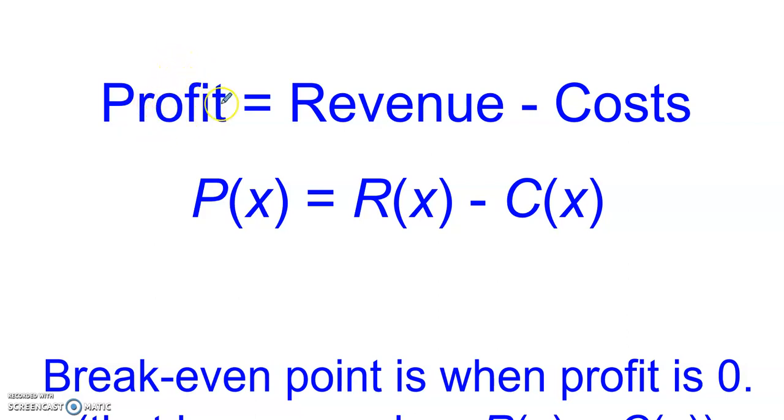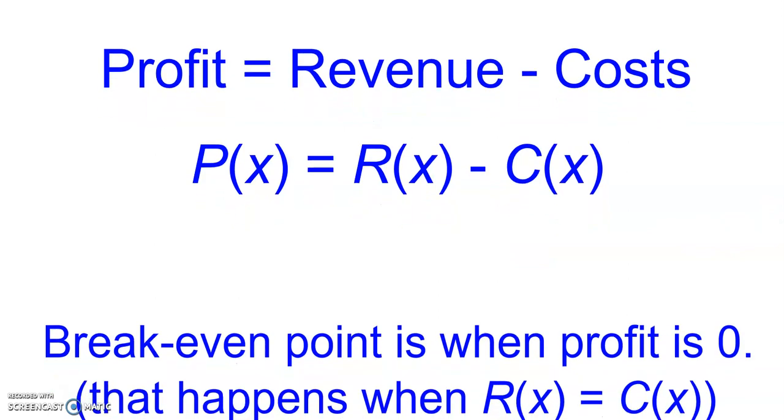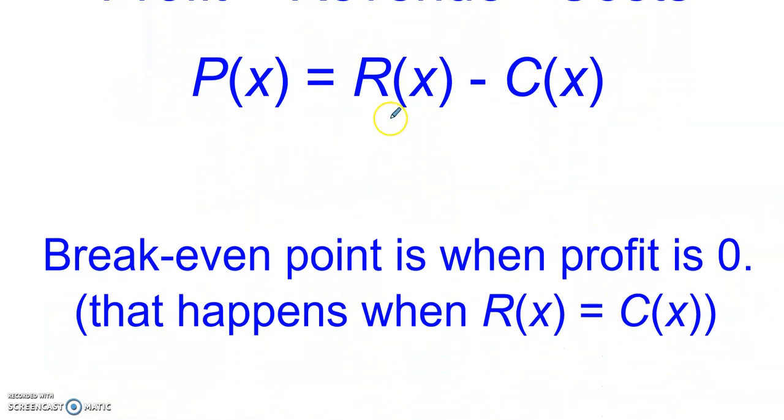It's called profit if you do your revenue minus your costs. And the break-even point is when the profit is 0. So the break-even point is when we go from a negative profit to a positive profit. So that break-even point is when that's 0. And that happens when these two numbers are the same. So one way to think about the break-even point is that's when the revenue is equal to the costs.